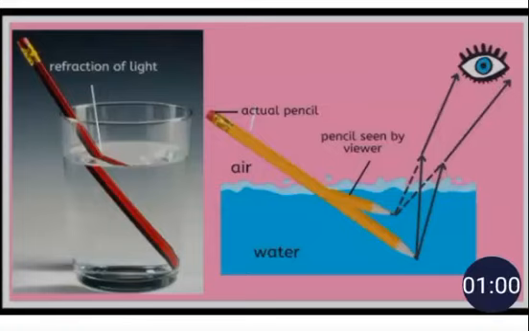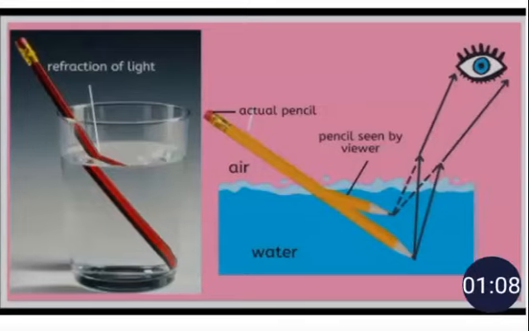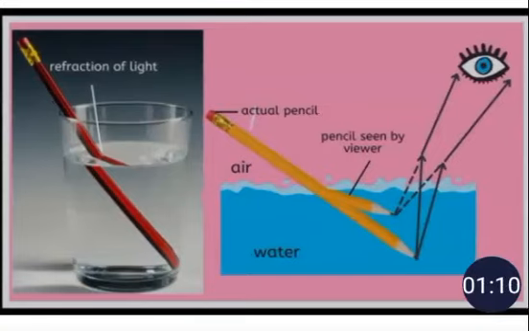We know very well that as the rays of light move from a more dense media, take for example water or glass as compared to air, to a less dense media, here we are considering air, the rays of light tend to move away from the normal.